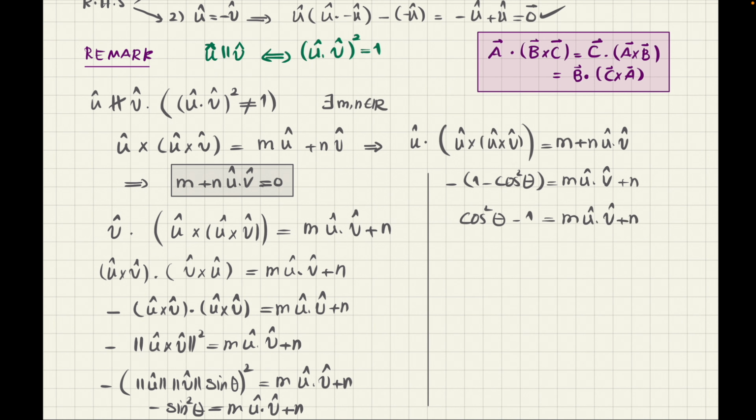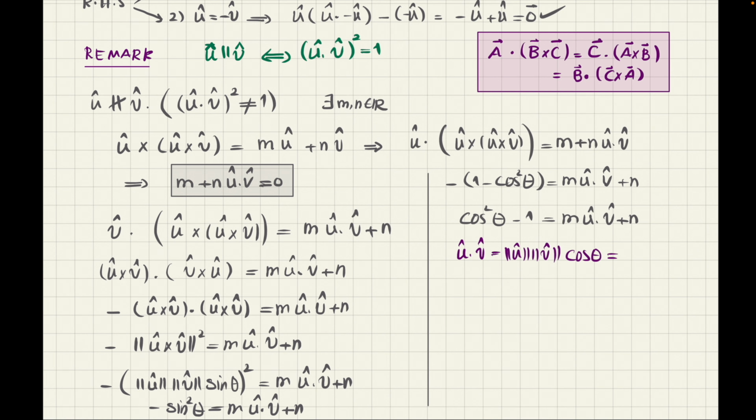If I ask you what can I write instead of cosine, it is clear that I can write u dot v. So let me change my color. If I ask you what is u dot v, you would say this is norm of u, norm of v, then cosine of the angle between them.